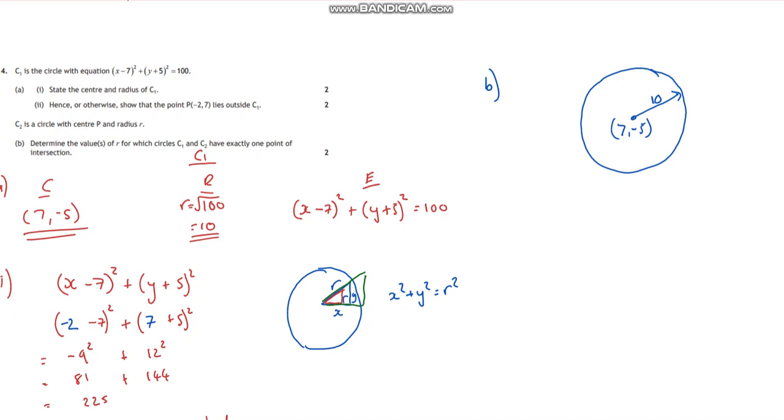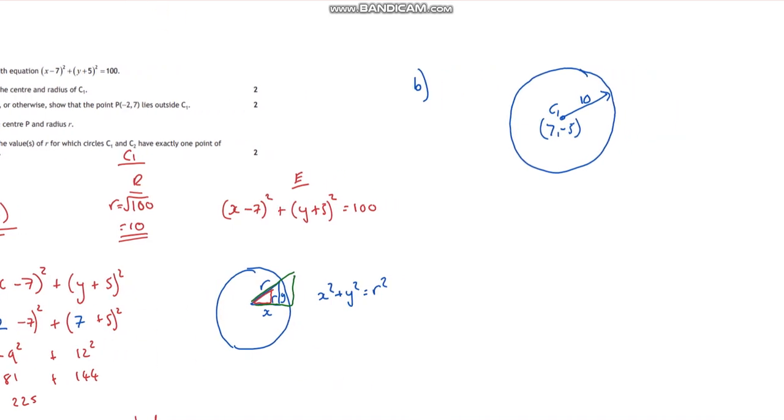It's at -2, 7. That makes no sense the way I've drawn it, but never mind.